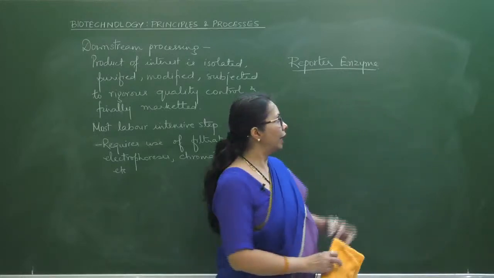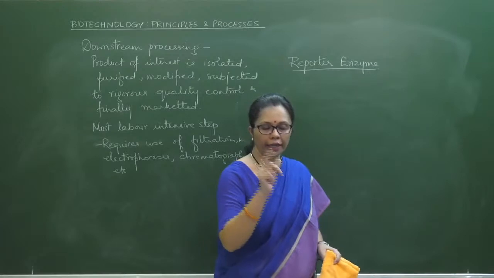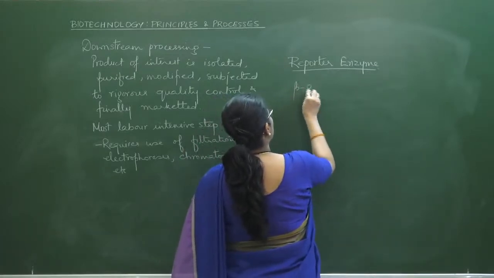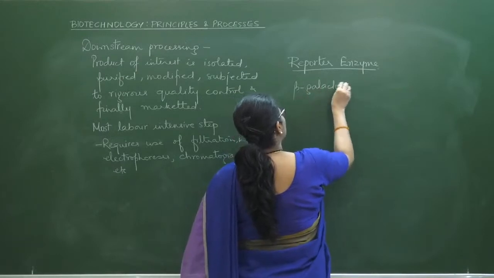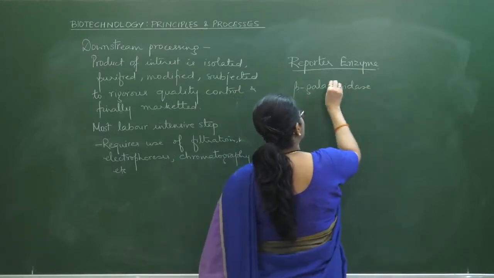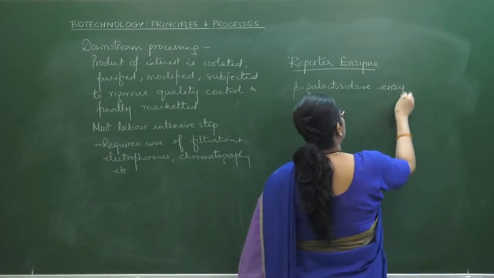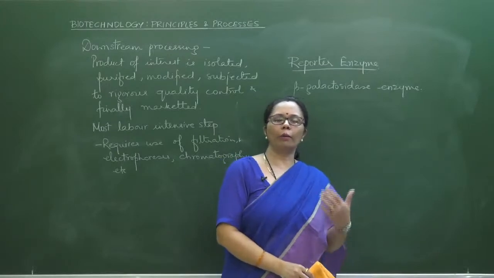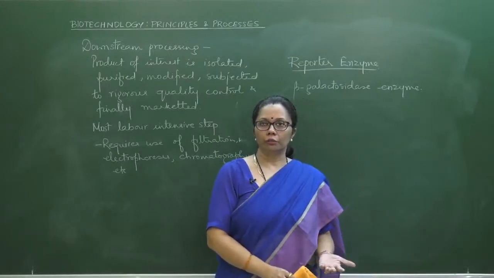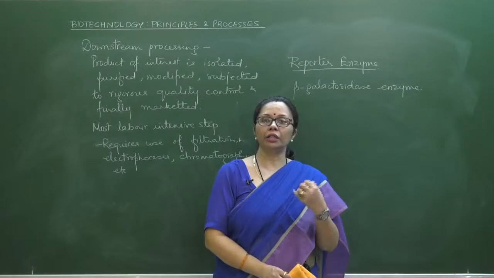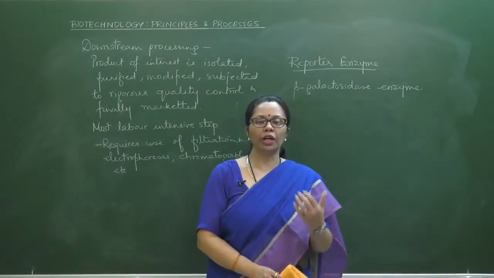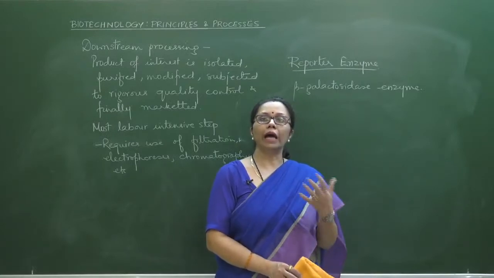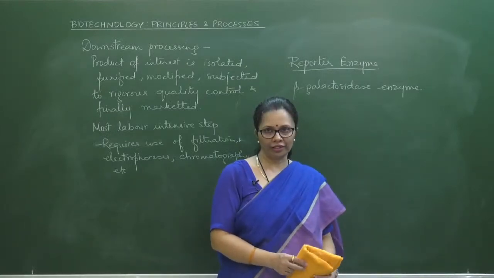So, like here you see the case we had seen in blue-white screening, that was beta galactosidase enzyme. The enzyme by which we come to know about the positive transformants, that means where the transformation has been correct, that is recombinant DNA has gone in, that enzyme will be called reporter enzyme, right?